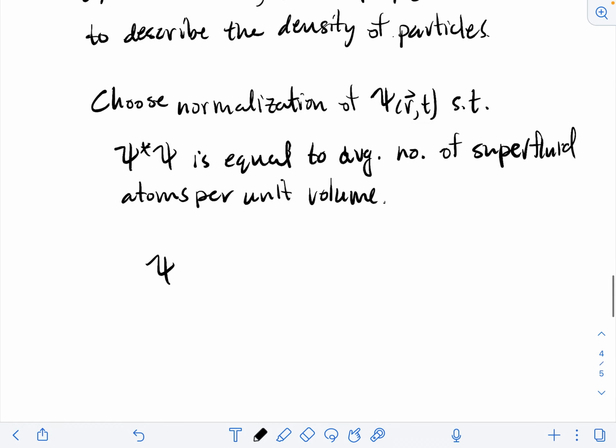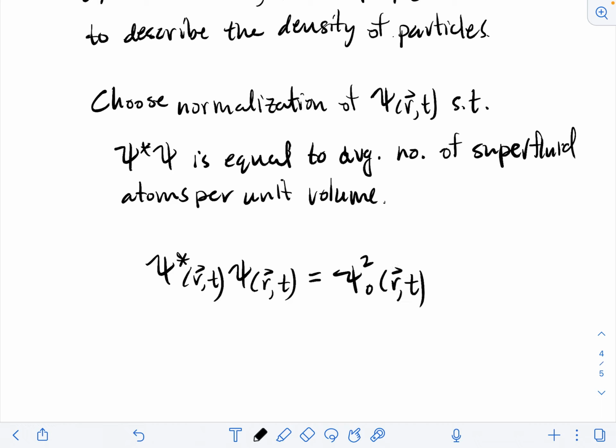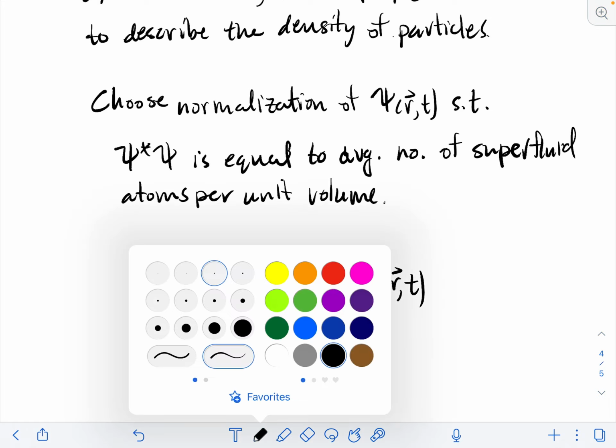So the conventional choice is that the square of this wave function, and because we've chosen to write the wave function as an amplitude times a phase, when you multiply the wave function by its complex conjugate, the phase factor vanishes, and we have only the square of the amplitude. And so phi 0 is a real number, so we just square it instead of writing the absolute square.